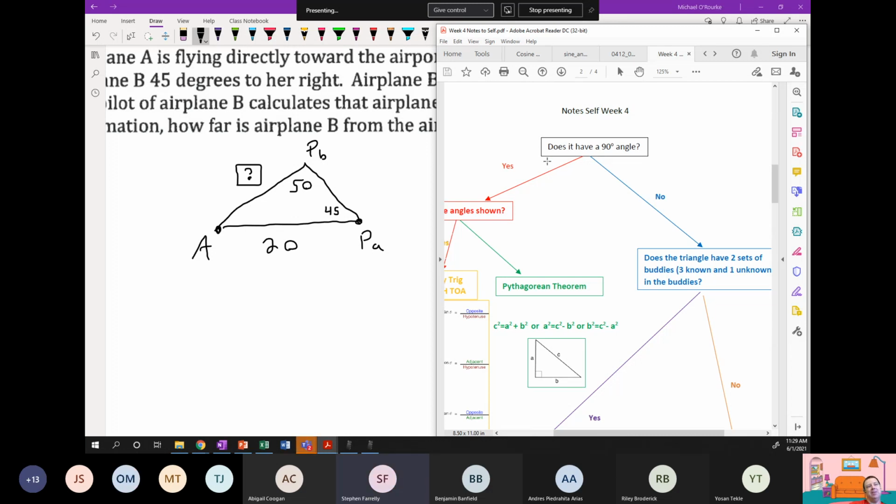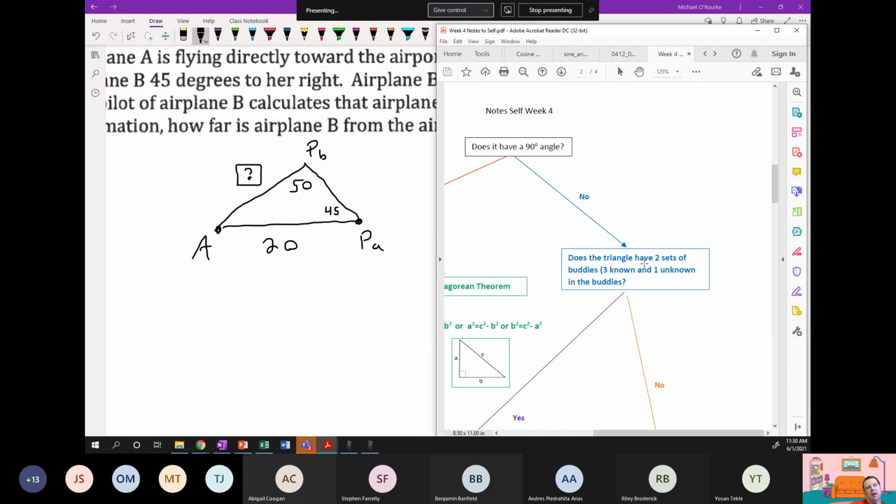Is that a no as in no 90 degrees, or no, I don't want to answer the questions? Both. Okay, so no 90 degrees, so we're moving over here. Now we could figure out that other one by going 180 minus 50 minus 45. Okay, and you notice not a 90. All right, so now we follow here.